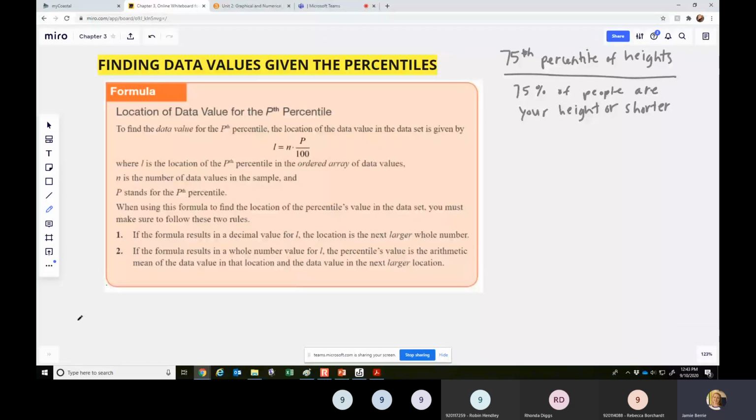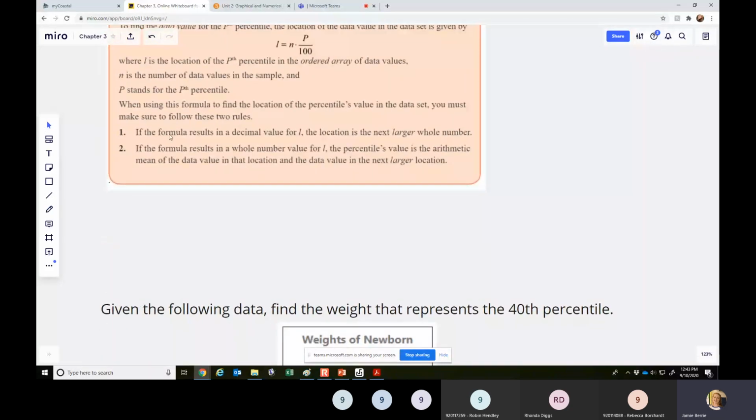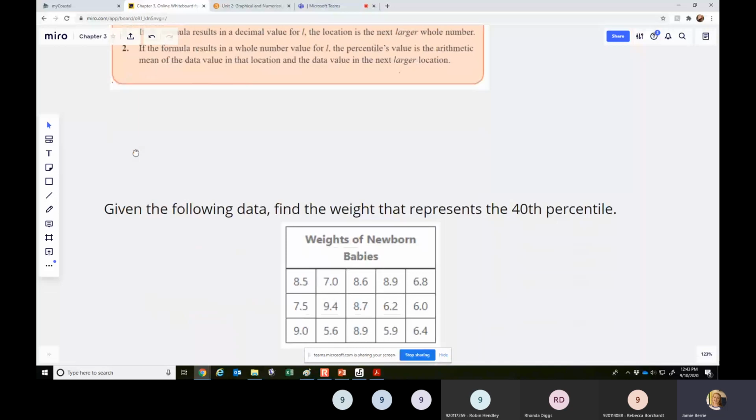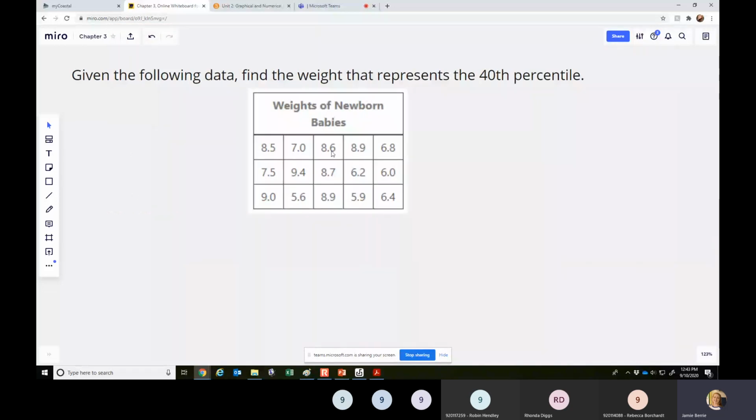If the formula results in a whole number, the percentile value is the arithmetic mean of the data value in that location and the data value in the next larger location. All right, so let us do an example, and it's going to be much easier to see what those 2 rules mean. Here we have a data set of weights of newborn babies.